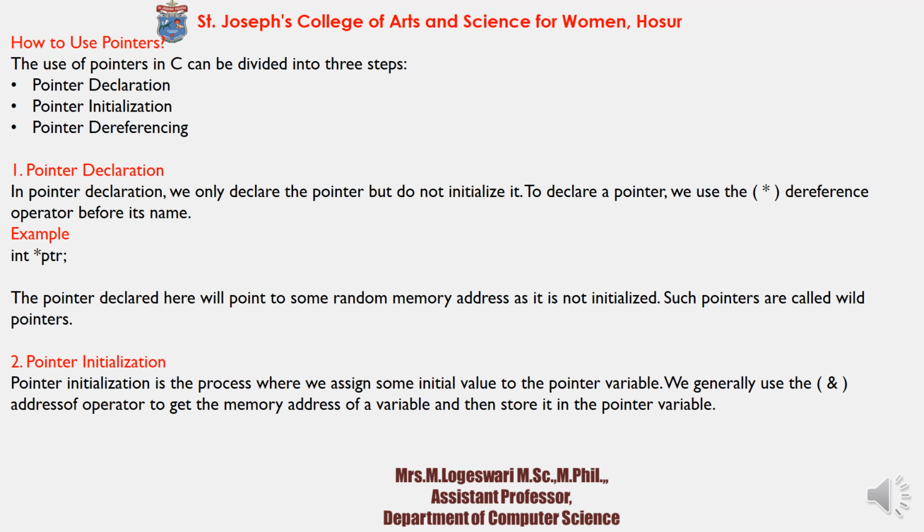After that, pointer initialization. This is the process where we assign some initial value to the pointer variable. We generally use the ampersand operator, the address-of operator, to get the memory address of a variable and then store it in the pointer variable.